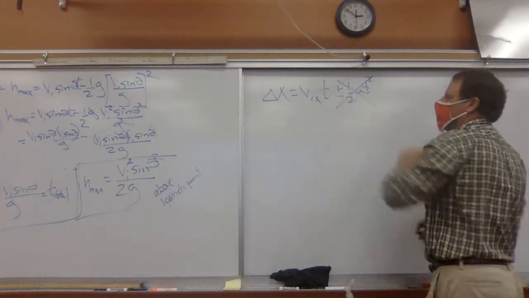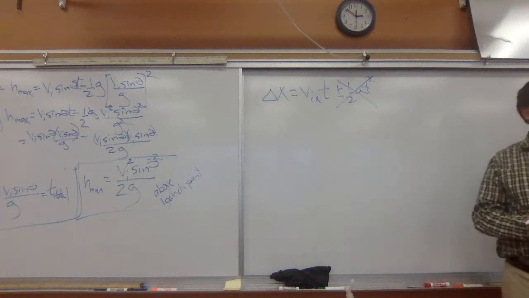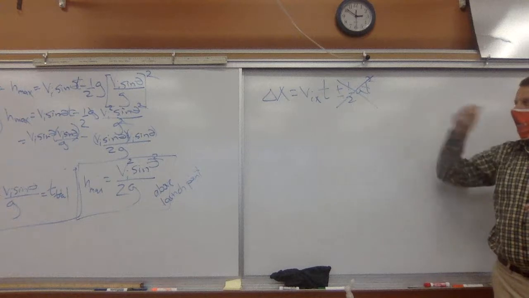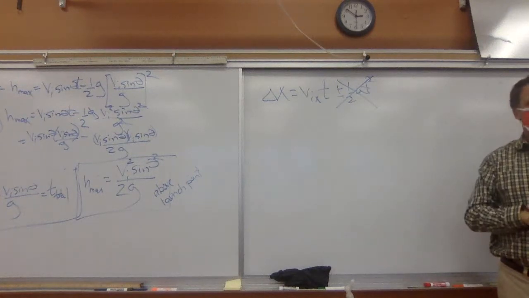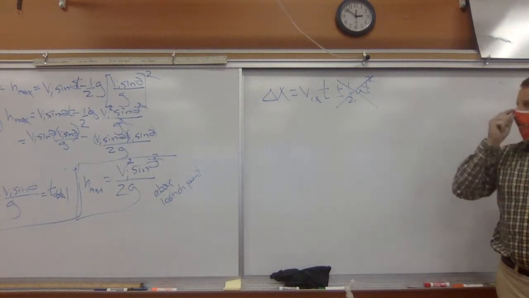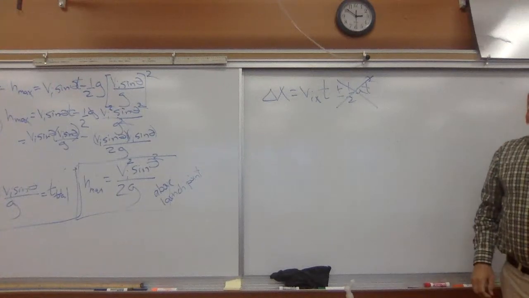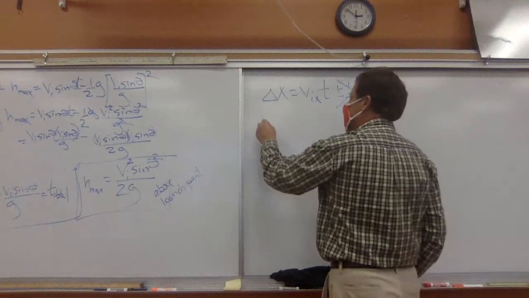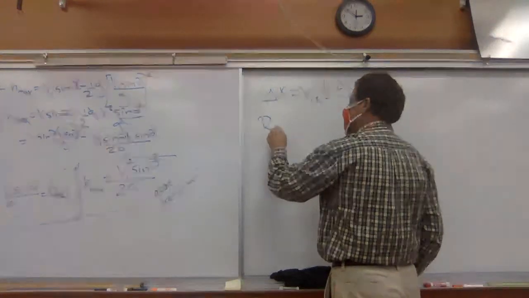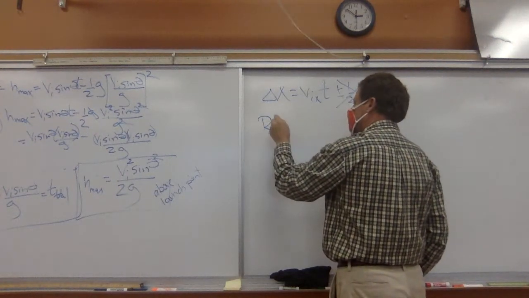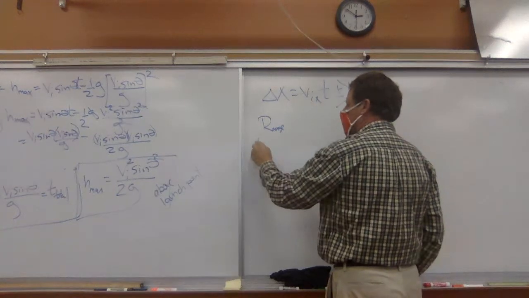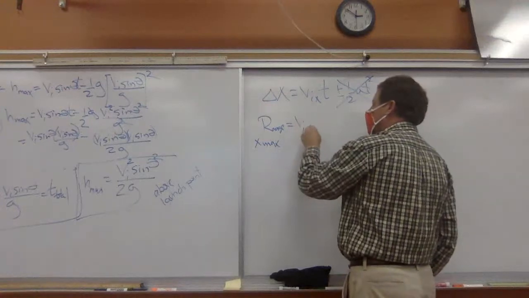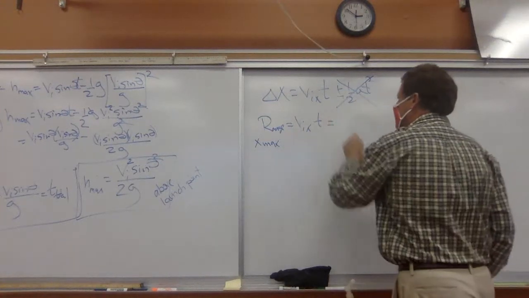But remember, that goes away because there is no acceleration in that distance. And this right here is the range, or x max, which is going to equal Vix times time.